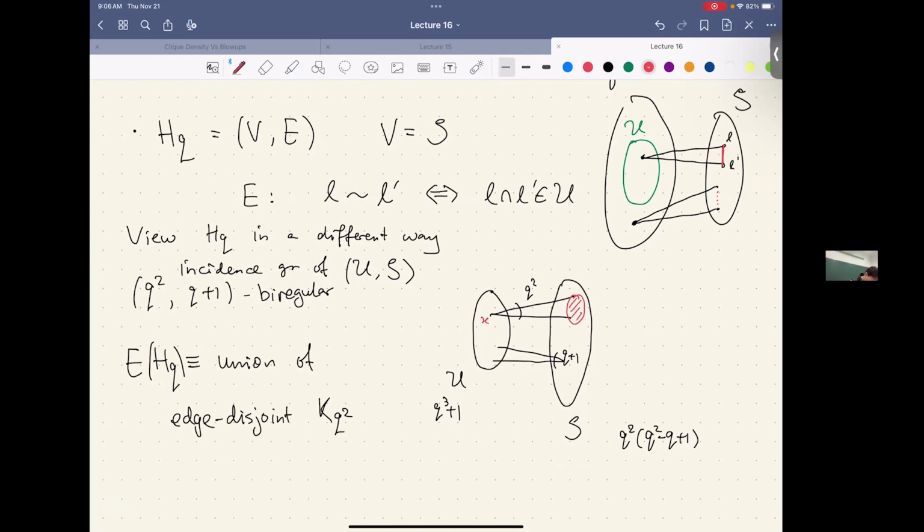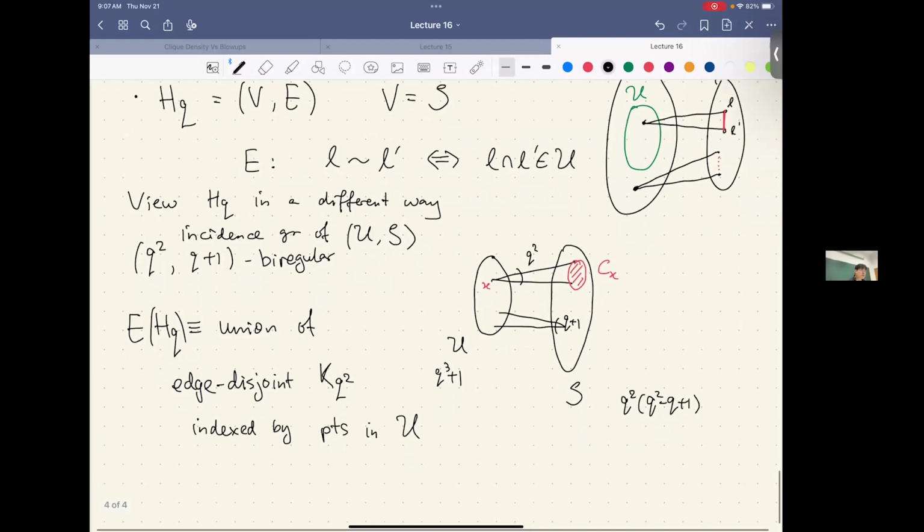So if this is X, this is clique CX, indexed by points in the unital U. Does it make sense?